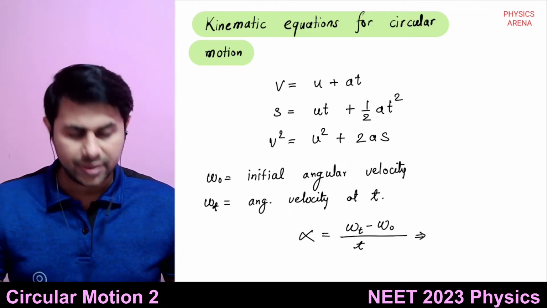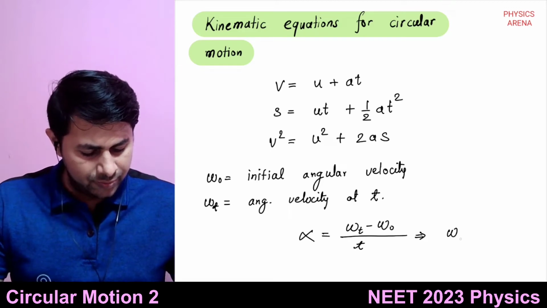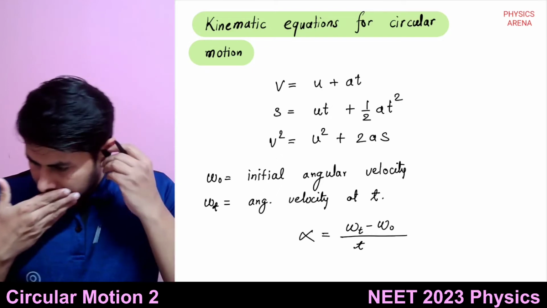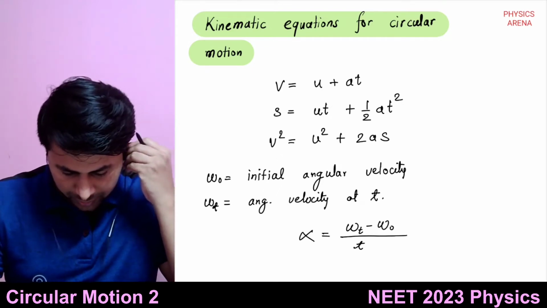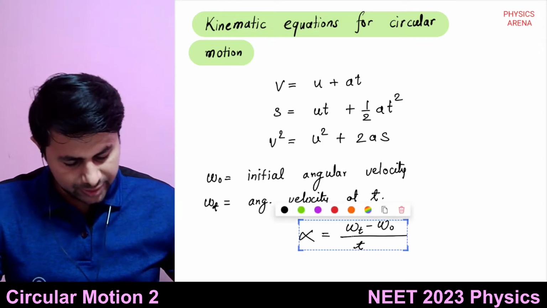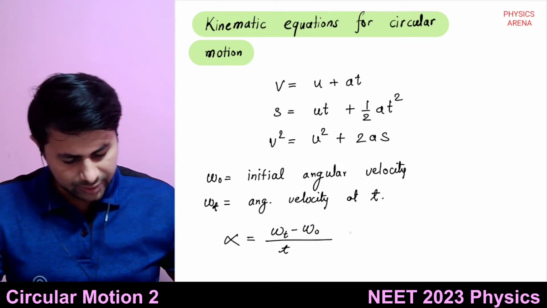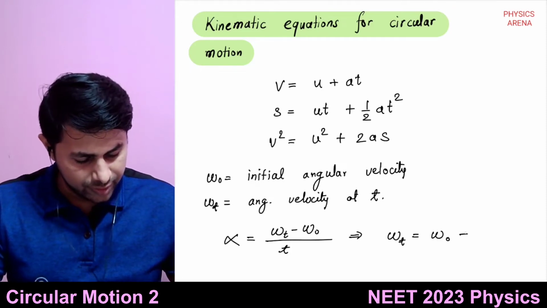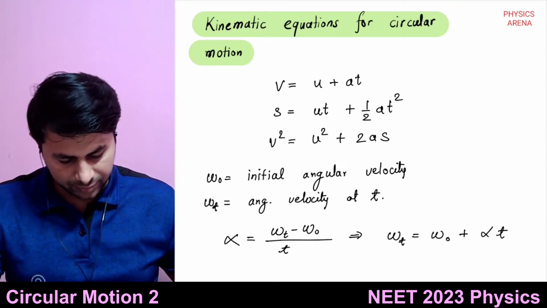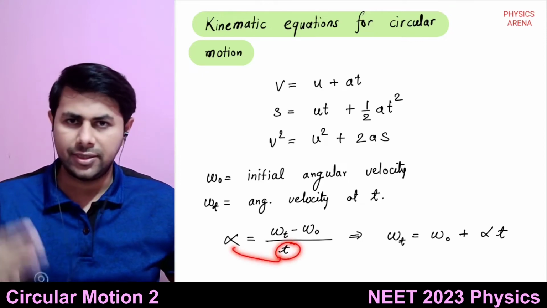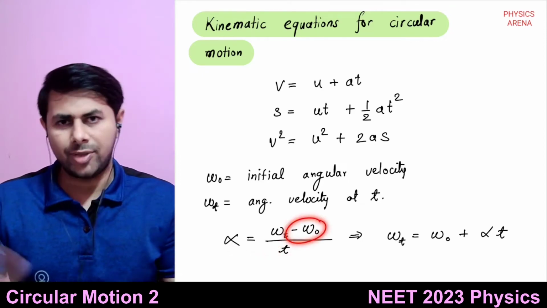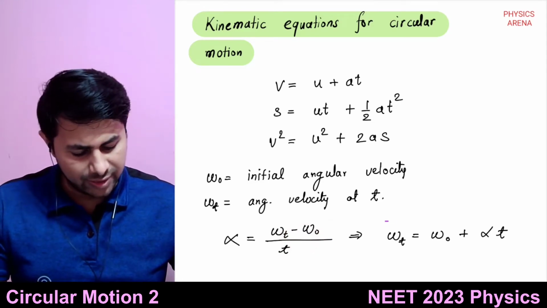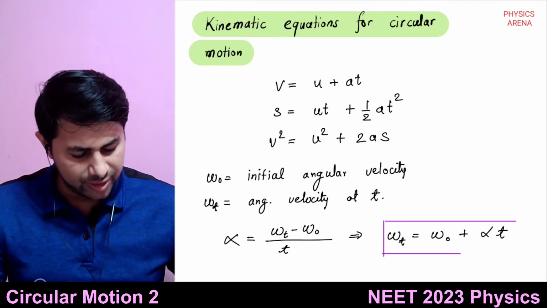And from here we get the first kinematic equation, that omega t is equal to what? Omega naught plus alpha t. Okay, take t on other side, it will be alpha t. Take minus omega naught on other side, it is plus omega naught. So this is the first kinematic equation.